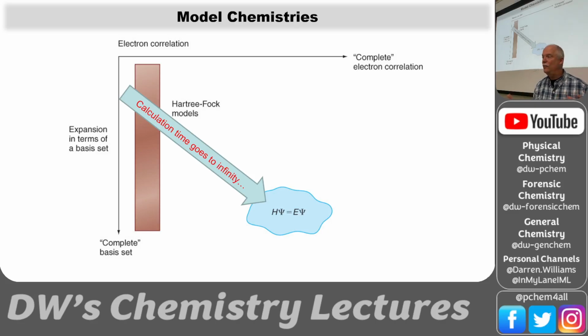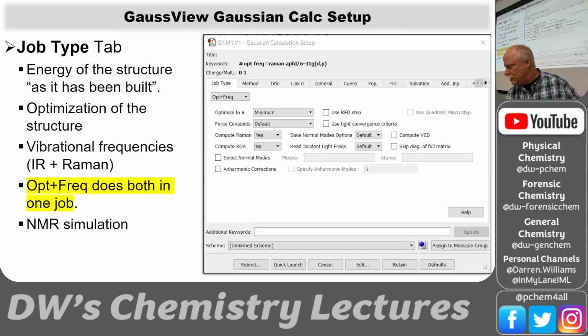So we've got a problem. We can go high in the basis set and low in theory, and we can go high in theory and low in basis set, and then we can kind of estimate this region in the middle. So that's, I guess, an overview of how to choose your model and what kinds of models.